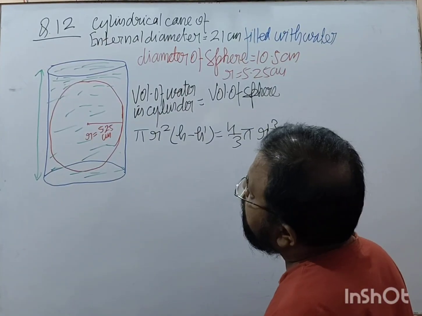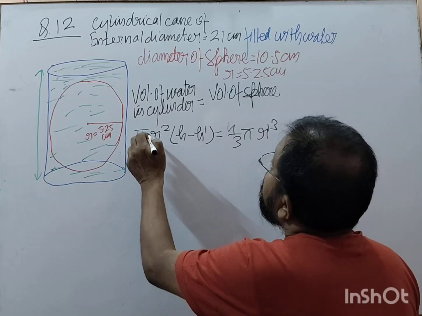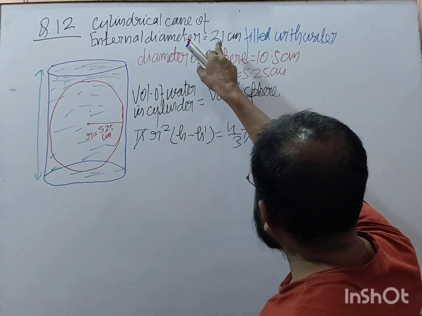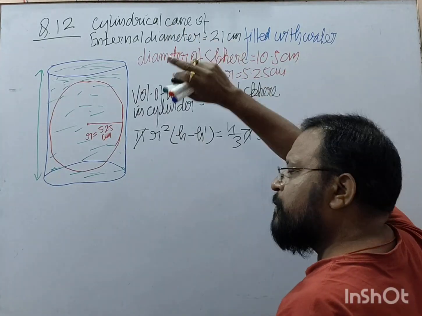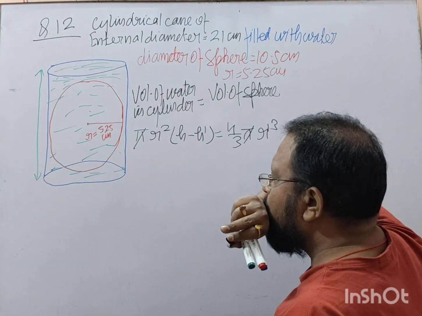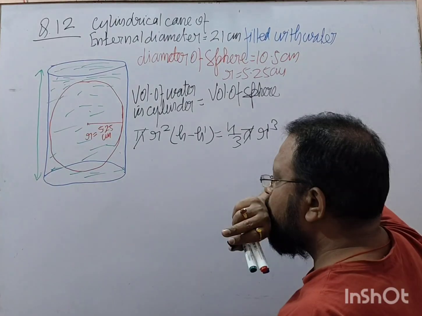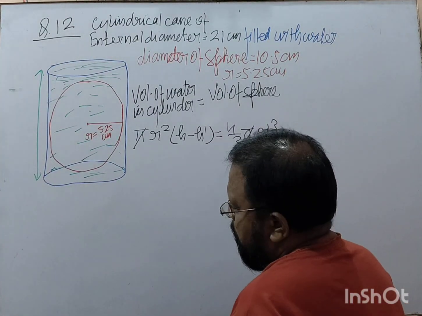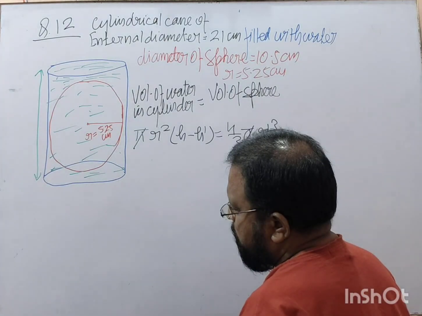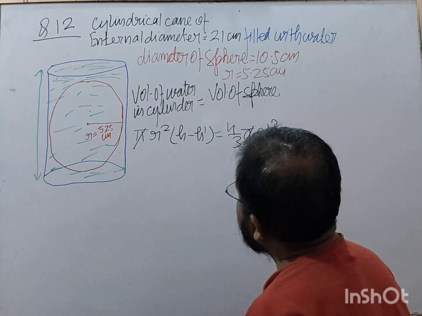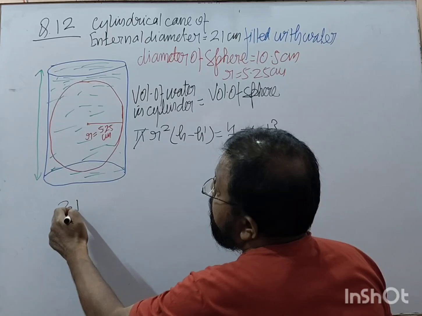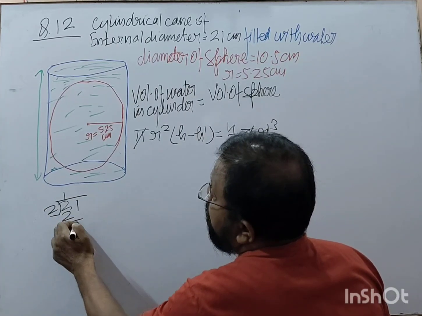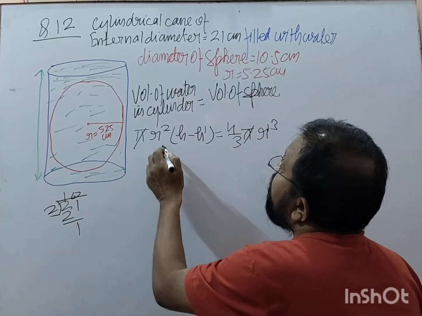Okay? So pi and pi are gone. 21 divided by 2 is 10.5.